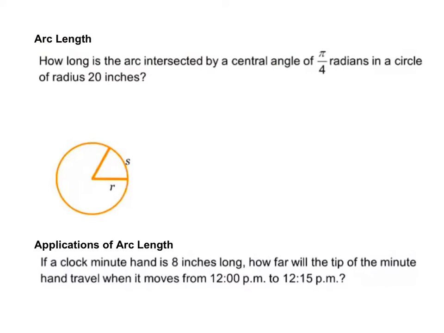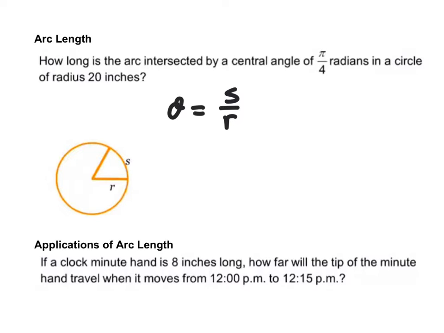So that's the idea. All right, so now let's talk about arc length, using that formula we had on the other page. Remember the formula: theta in radians is equal to the arc length s divided by the radius r.